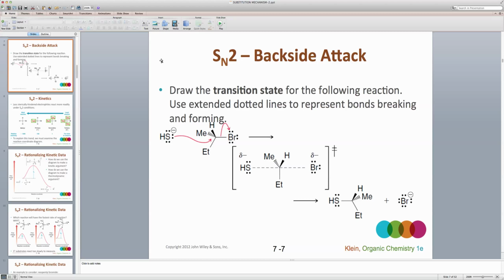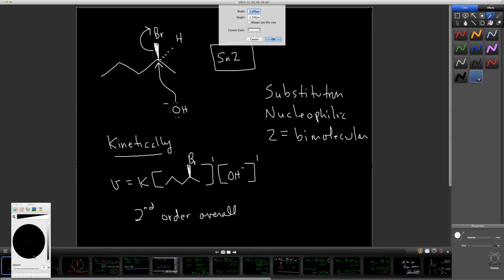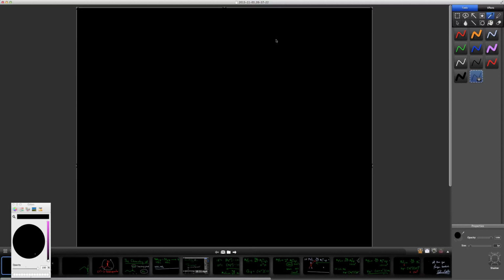Now, if we look at this with a little bit more detail and we draw a potential energy diagram, we'll see that these are not evenly made.